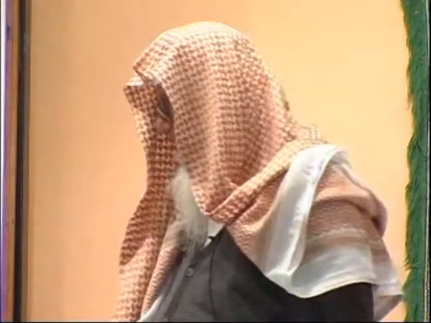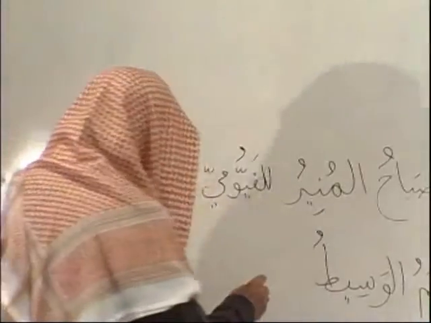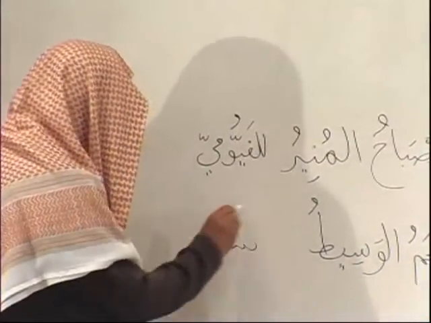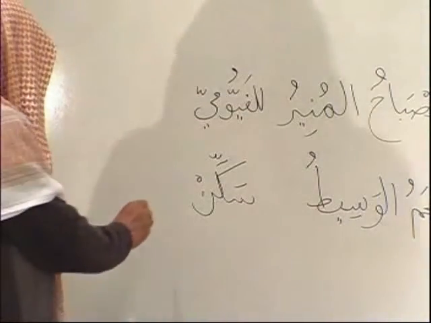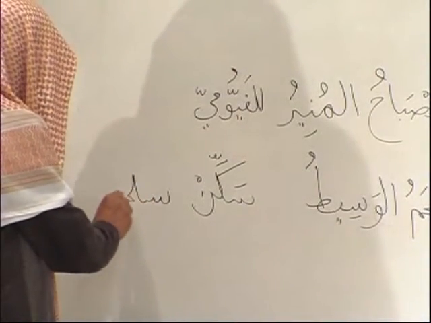There is a famous saying in Arabic, sakkin taslam. Sakkin, that means use sukoon, taslam, you will be safe. Why is taslam majzoom? Jawab al-talab. Sakkin taslam. Salima yaslamu.